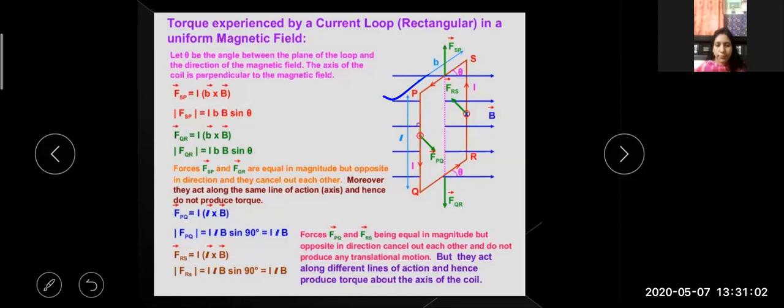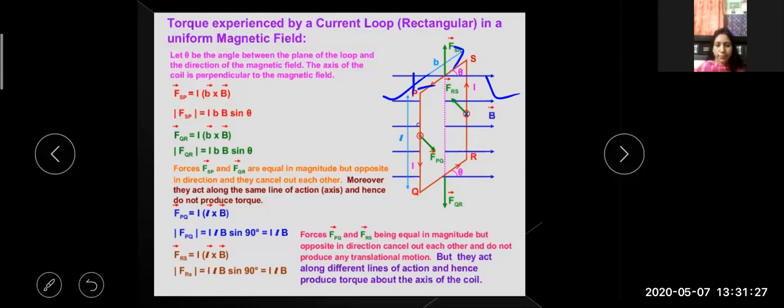So consider a rectangular loop PQRS suspended in a uniform magnetic field as shown in the figure. Okay, PQ equal to RS is of length L, and QR and SP are of length B, as shown in this figure.